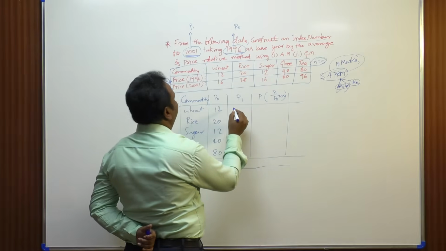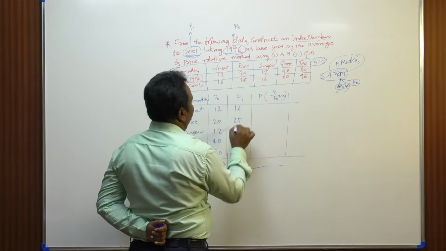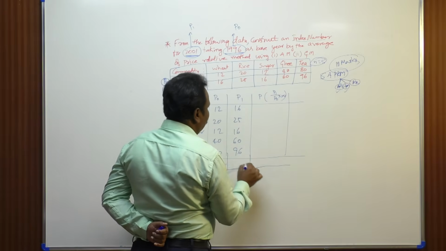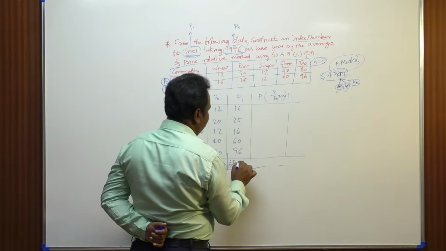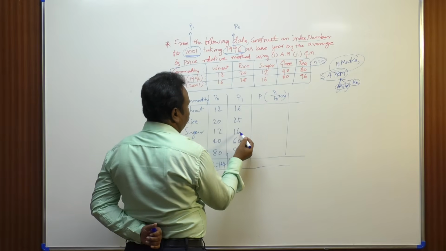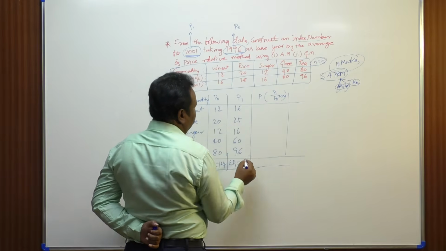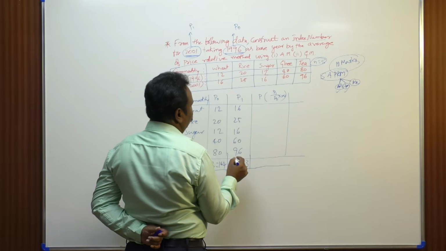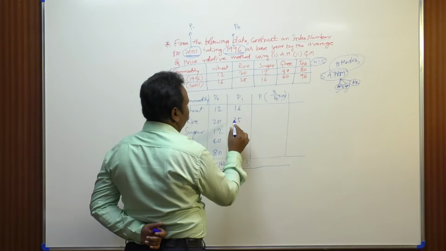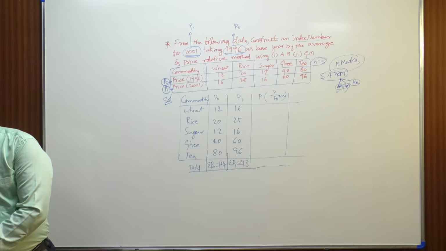Then P1, the price of the present year, is 16, 25, 16, 60 and 96. So the summation of P1 equals 213.